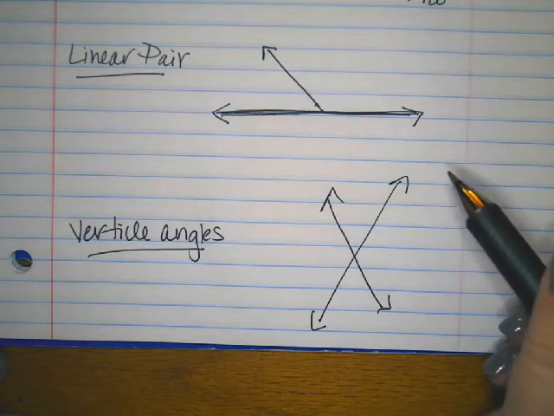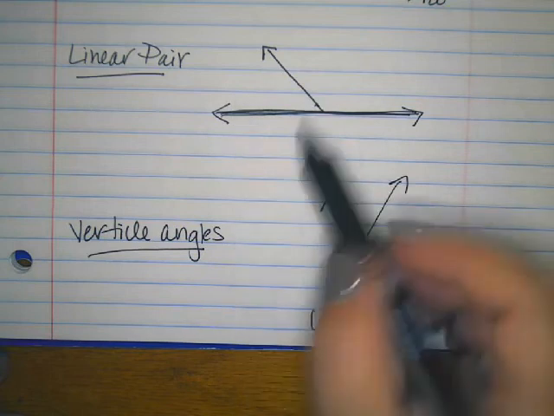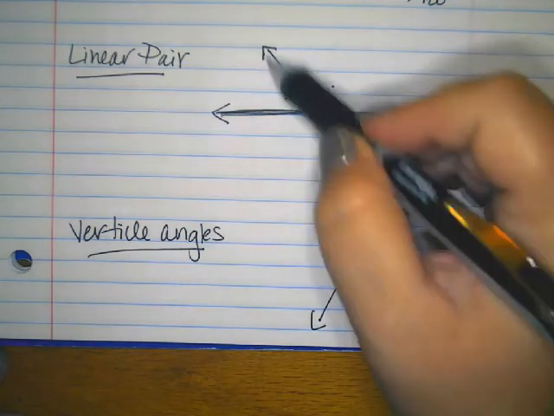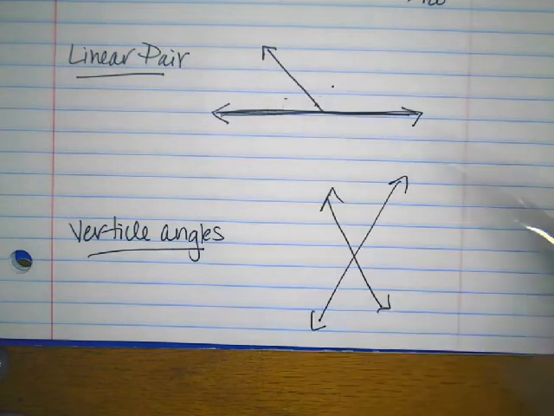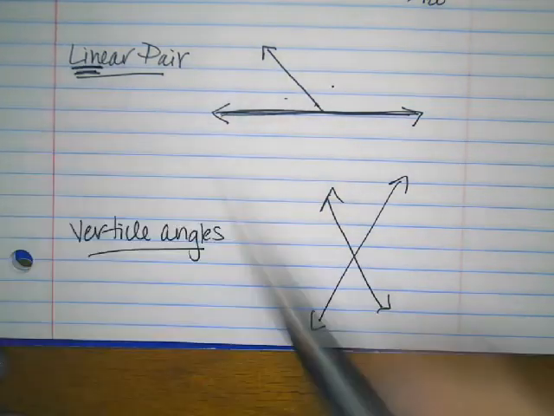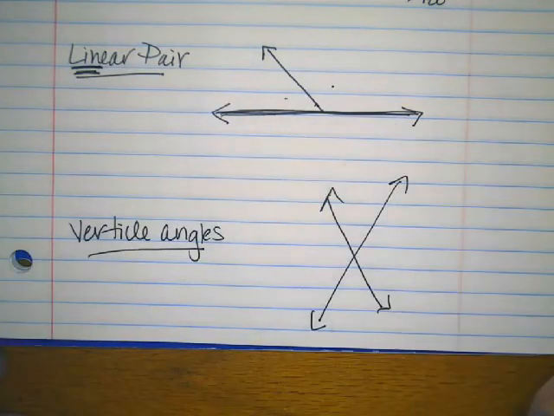So a linear pair is just specific to this kind. They have to be next to each other. They have to share a ray. They have to be next door neighbors to be considered a linear pair. And again, together they have to form a straight line, or 180 degrees.